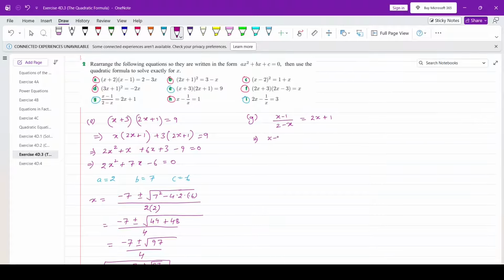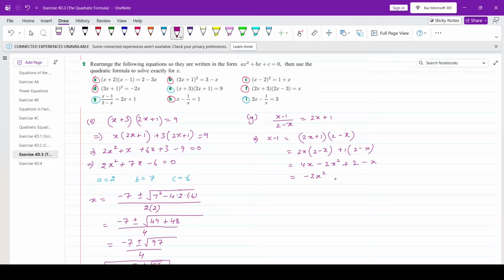So we can say x minus 1 is equal to 2x plus 1 times 2 minus x. So this becomes 2x times 2 minus x plus 1 times 2 minus x, and hence this becomes 4x minus 2x square plus 2 minus x, and this is equal to negative 2x square.